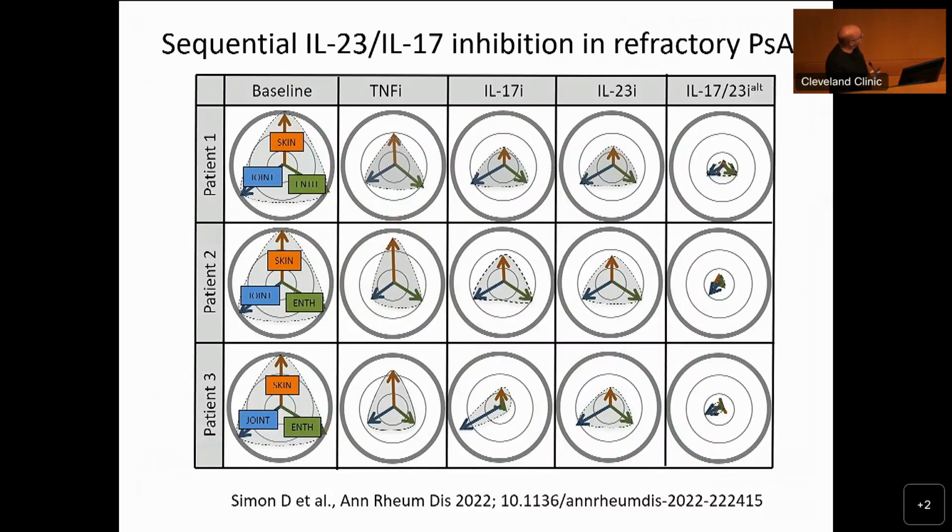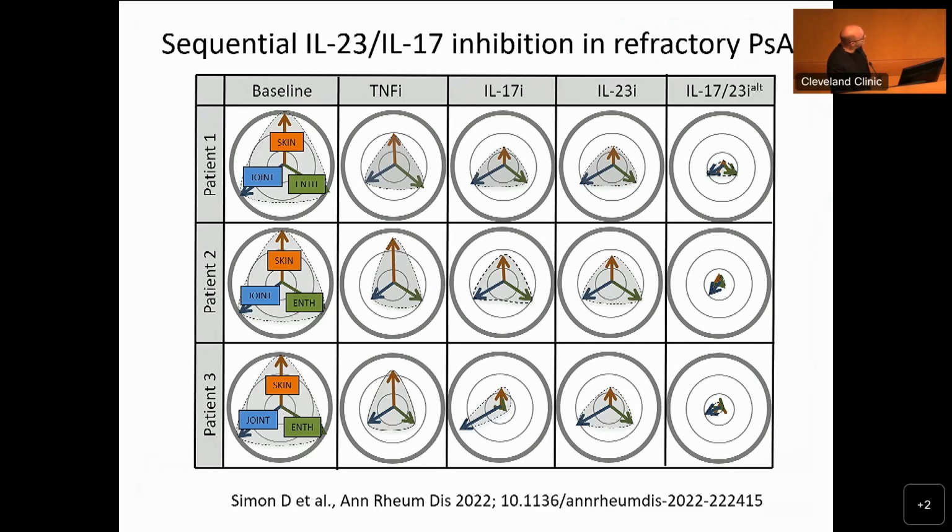When they are maximal, is the original baseline situation. And then you can see that these circles get smaller with monotherapy of TNF, monotherapy of IL-17, and monotherapy of IL-23 inhibitors. You can easily see, for instance, that the IL-23 inhibitor and also the IL-17 inhibitors are pretty good in skin responses, also here. But you can see that there's still a substantial residual disease activity.